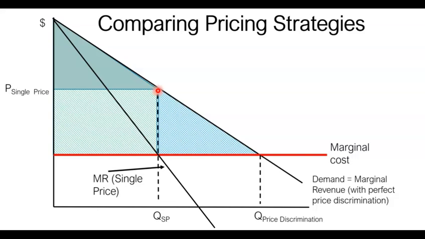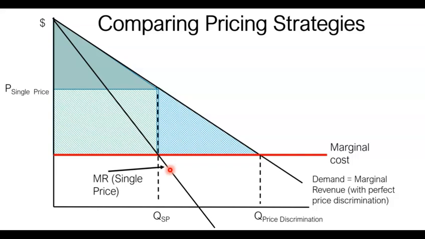And as I mentioned before, this blue triangle here was effectively lost surplus from a social point of view because the sellers were not willing to produce and sell beyond that point. Why not? Well, because marginal revenue and marginal cost were just equal here. To sell any more beyond that meant that marginal costs would be exceeding marginal revenues, and that would not be profitable for the seller.